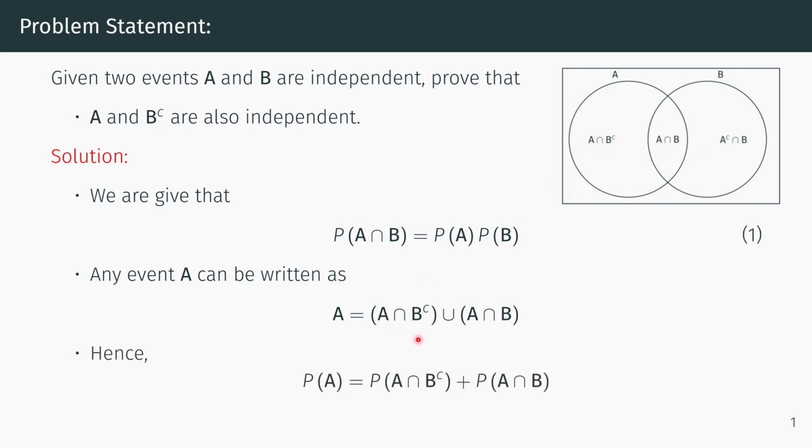Now if you take probability, we get probability of A would be equal to probability of A intersection B complement plus probability of A intersection B, and the third term would be equal to 0 because these two events are mutually exclusive.